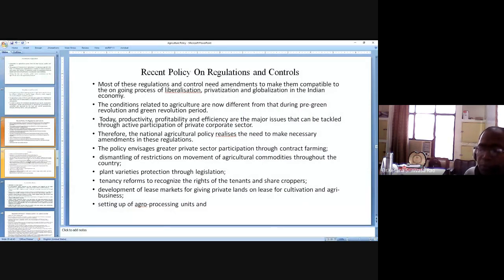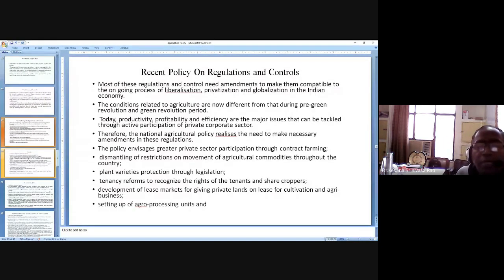Contract farming has been emerging recently, because the fragmentation of land holdings is growing at a rapid rate, and each small fragment of holdings is not viable or feasible for the cultivation of any type of crop in a reasonable manner. So to achieve good results, contract farming is emerging.